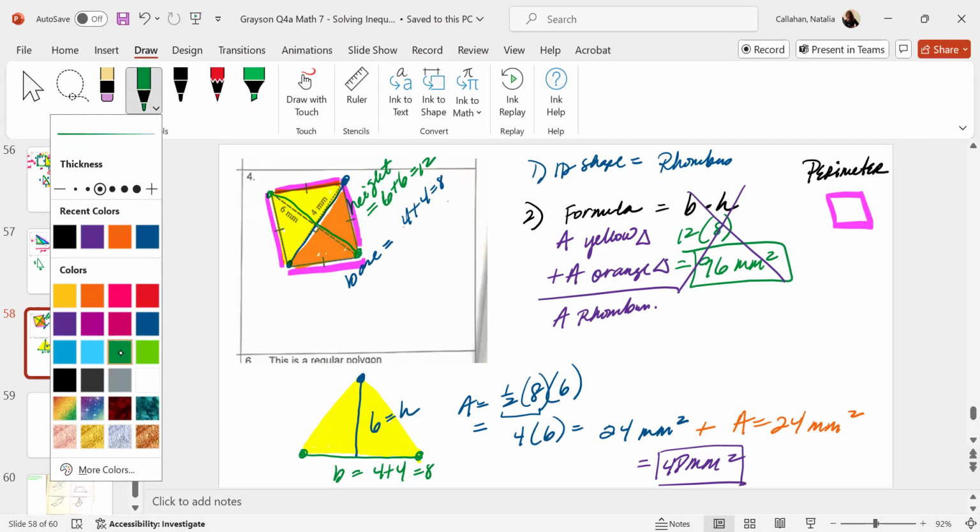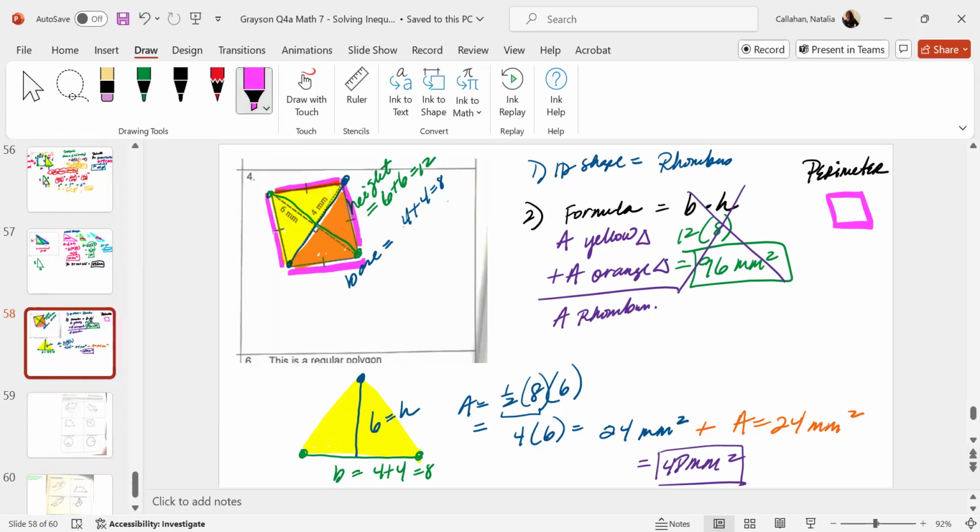No, it's more complicated than that. Look at the yellow triangle. Do you see how this pink line right here is the same thing as the side of this triangle? Do you see that? That pink line is the short side or the long side of the Pythagorean theorem? Yeah.